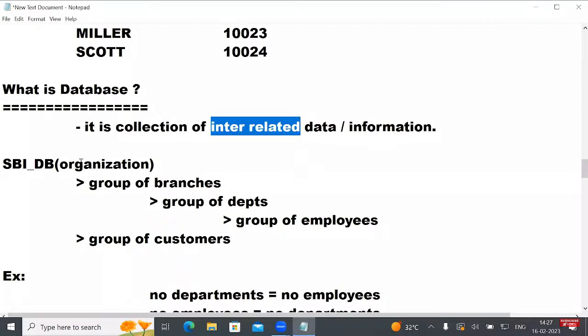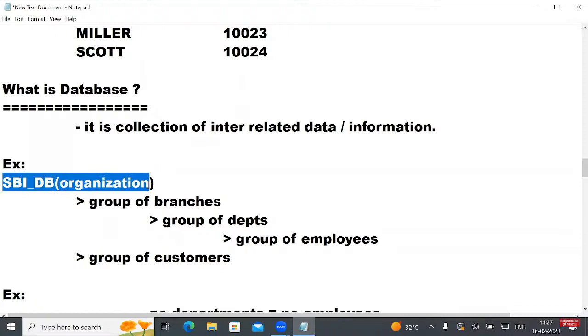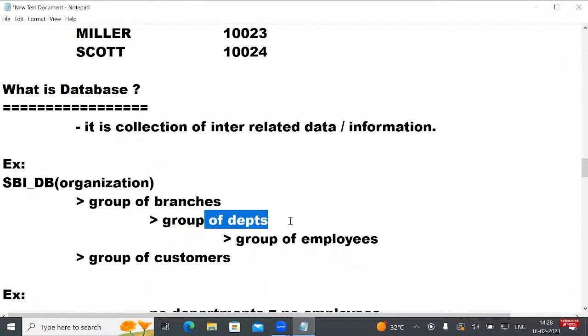Yesterday I explained with a small example how it is interrelated. We create one database for SBI, a banking sector, so whatever information we store is related to the bank. An organization is a group of branches, so I store branch details. A branch is a group of departments, so I store department information.